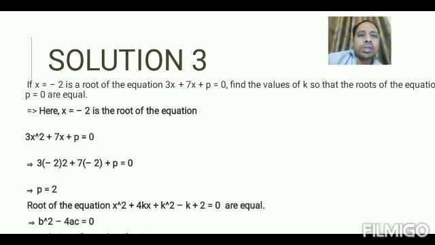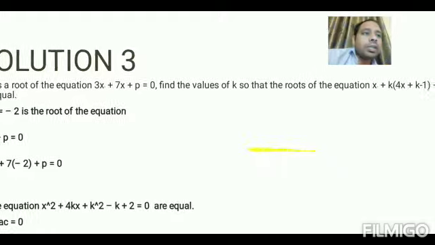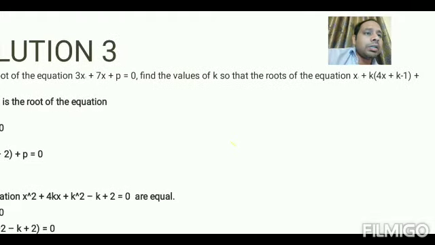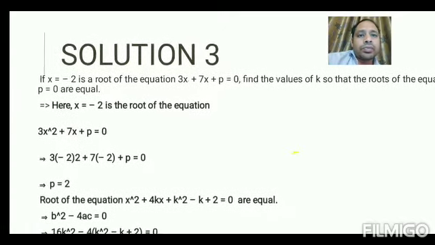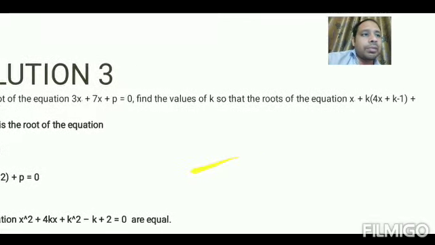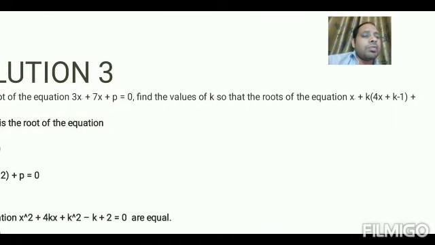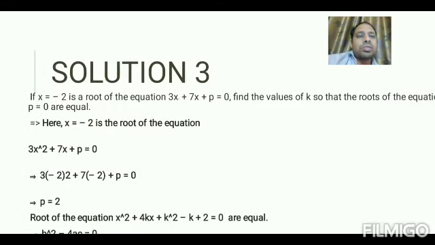Okay, there was a correction in the question. If x equals minus 2 is the root of the equation 3x square, it is not 3x, it is 3x square plus 7x plus p. And in the second equation also, the equation is x square plus k into 4x plus k minus 1 plus p equals 0, right?